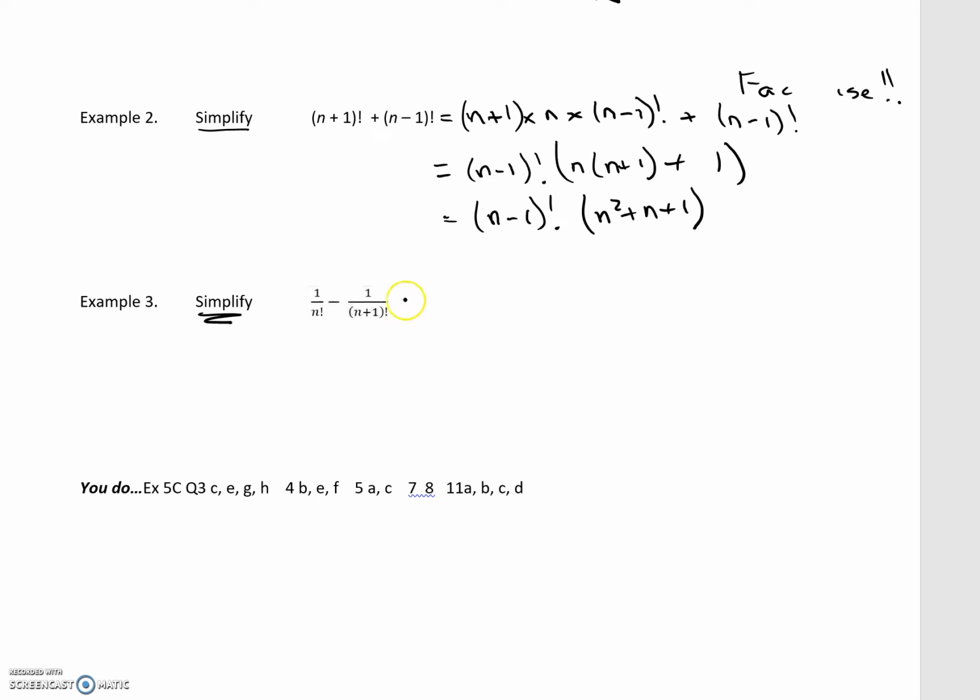Let's have a look at what the denominators are. N factorial is n times n minus 1 times n minus 2, dot dot dot.